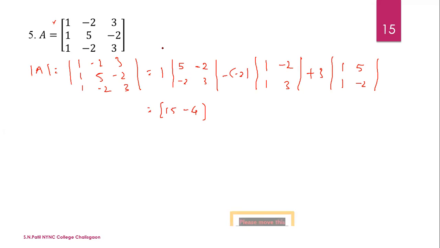Getting it? This product minus this product, minus, and this 2 minus sign, 3 times minus sign, that is an odd number of times minus sign.